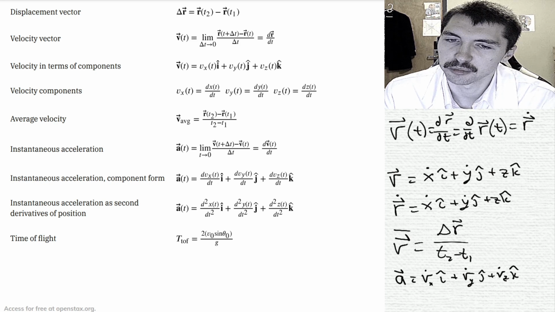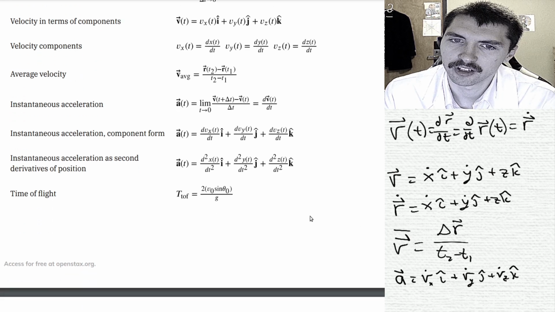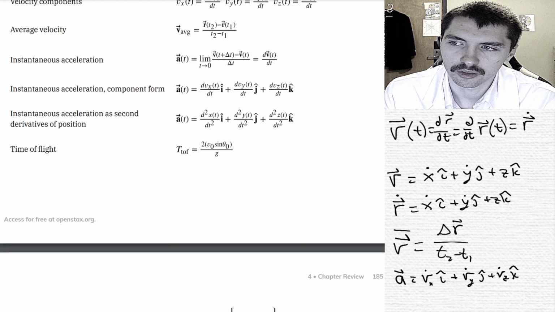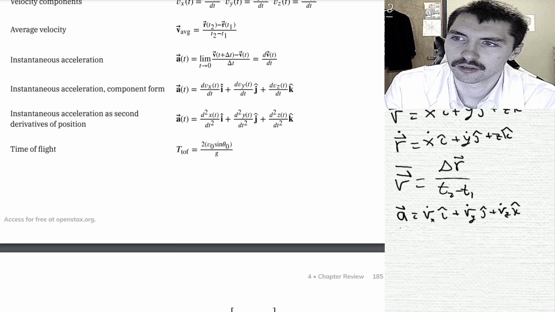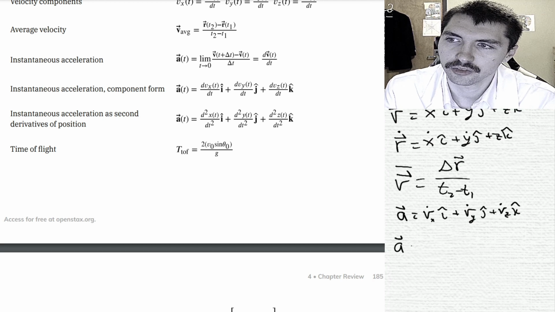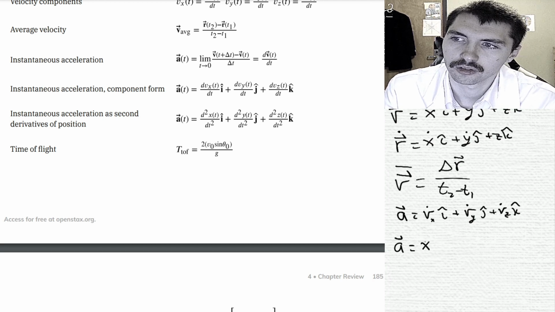I've added a subscript. I'll have to think about that more and see if that's right. Okay, so you can definitely do it like this though.